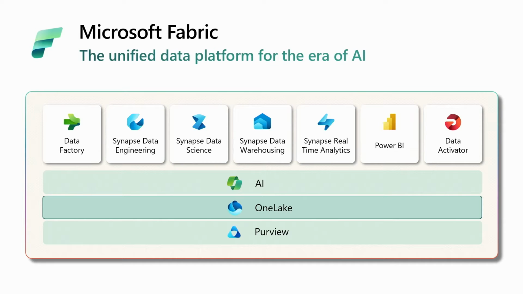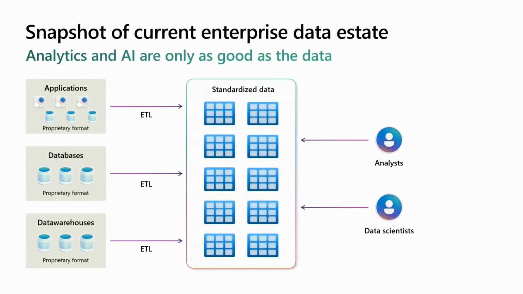So Bob talked about the challenges early on. I'm going to talk about what the current landscape we are seeing today is. I've been in this industry for almost 20 plus years, and I've been seeing, every now and again, the snapshot of the current enterprise. You've got line of business applications, databases, warehouses.